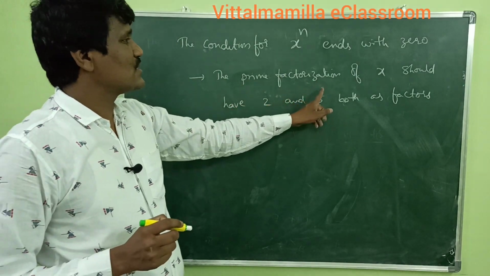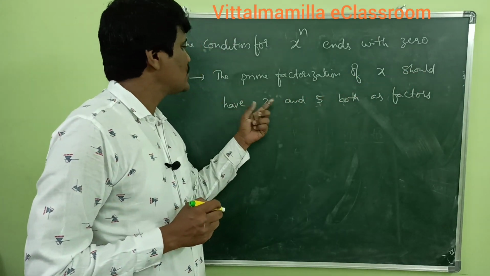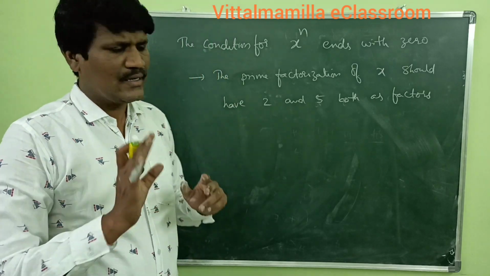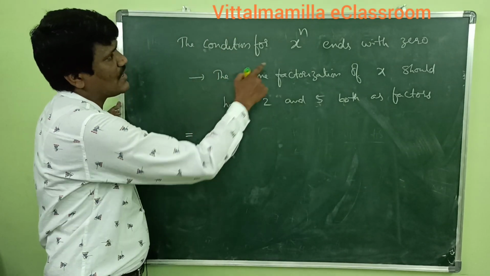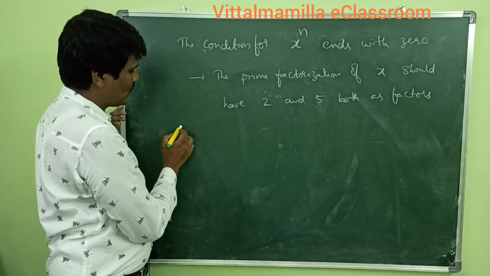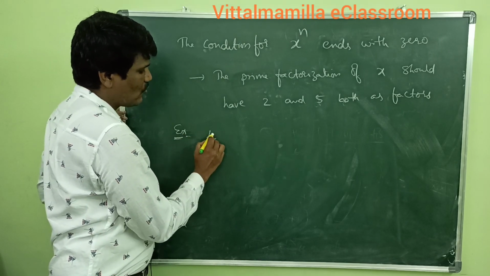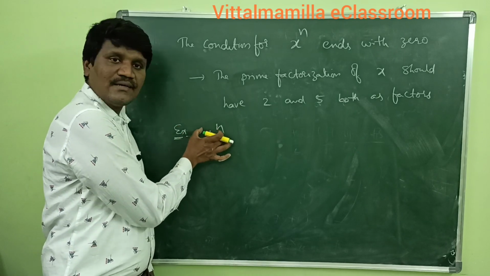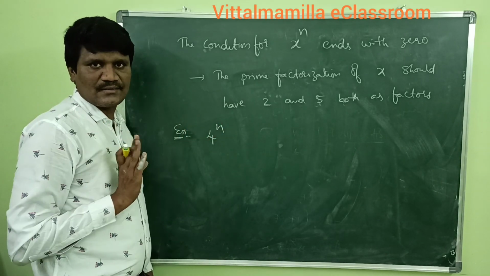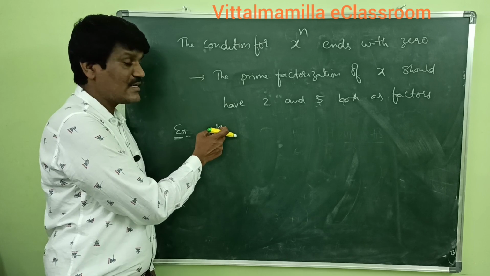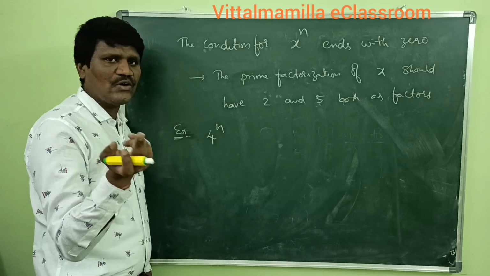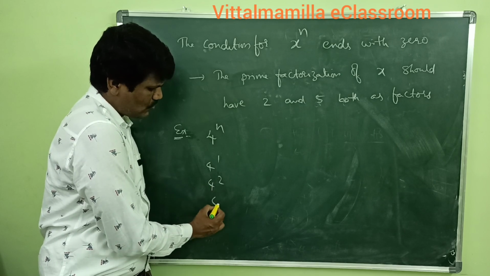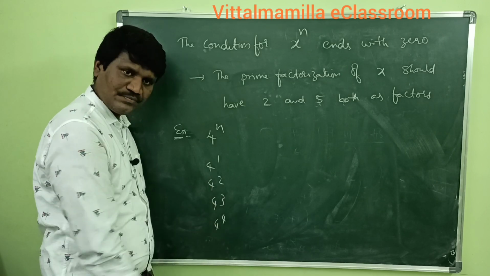The prime factorization of x should have 2 and 5 both as factors. That means if you take an example of x power n, example 1, if I take 4 power n, whether 4 power n ends with 0 or not for any value of n. That means 4 power 1, 4 power 2, 4 power 3, 4 power 4.